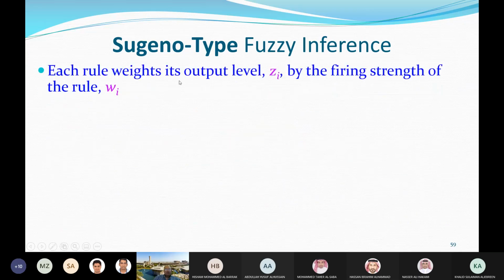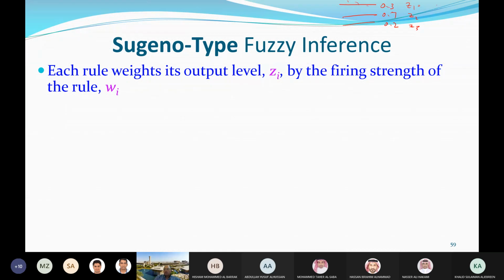Each rule weights its output level. That is, the antecedent part here represents the weight of the output. If you have 3 rules, rule 1, rule 2, rule 3, this is 0.3, this is 0.7, this is 0.2, and you have Z1, Z2, Z3, the outputs based on the inputs.